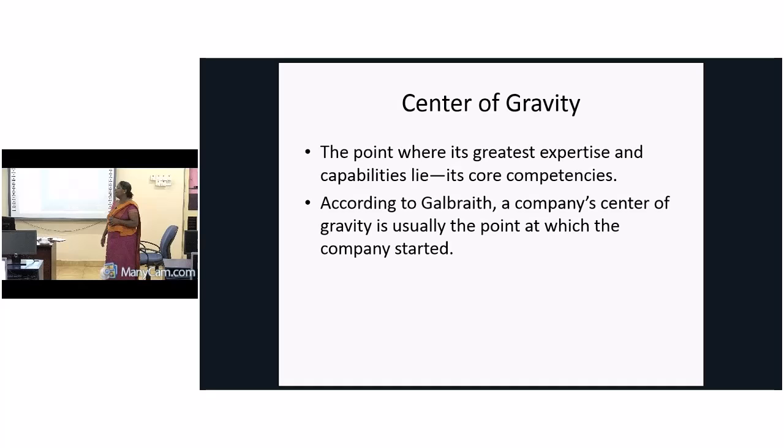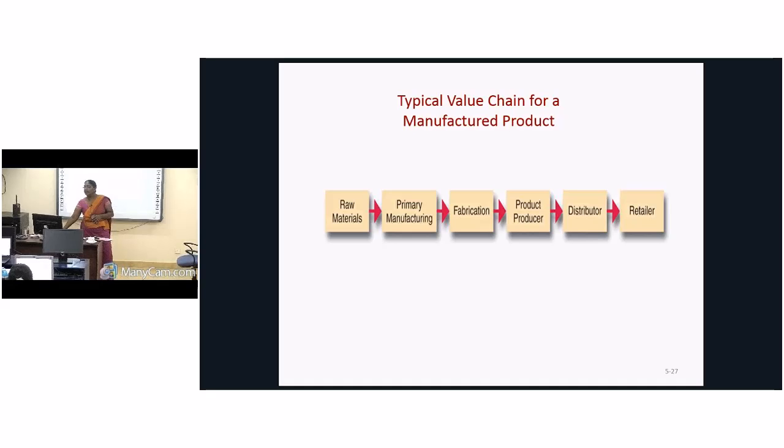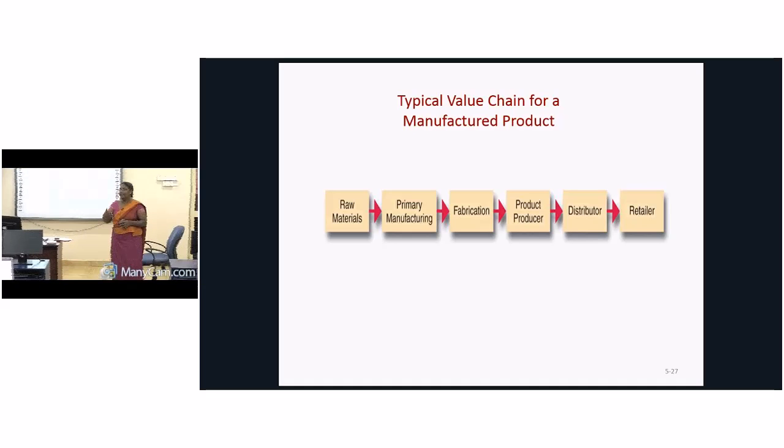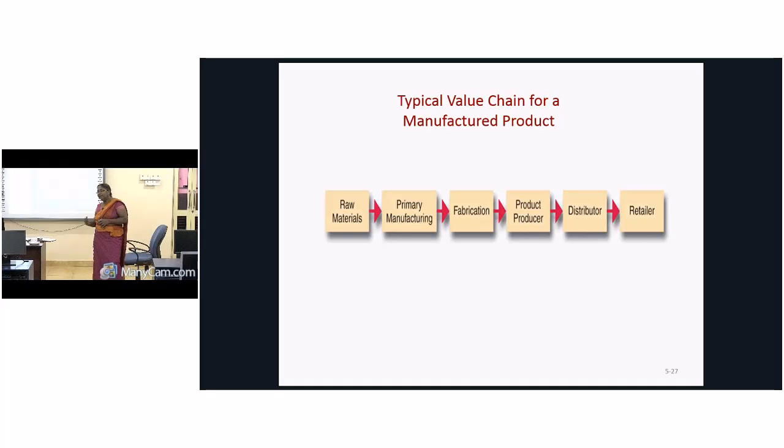For example, Cargills are excellent in retailing. Even though they have their own farms and their own supplies, they started at their center of gravity.